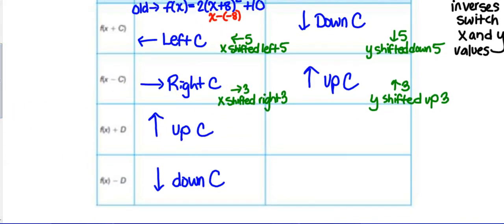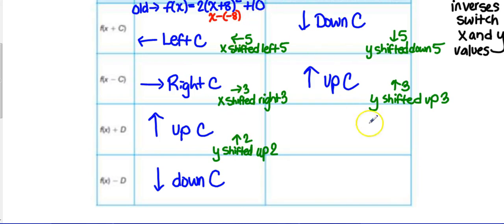Let's now discuss if we have a vertical shift with the original function here. So let's say up 2, why not? So now we're saying that y has been shifted up 2. Apologies for the bell. Y has been shifted up 2. Once again, when we're talking inverse, x and y switch.